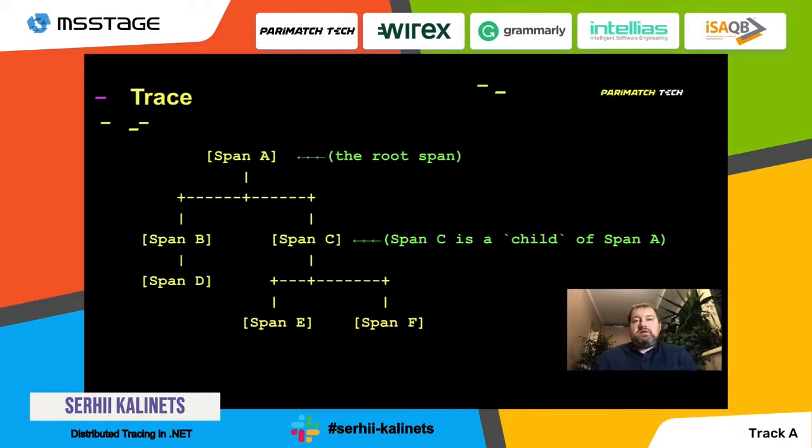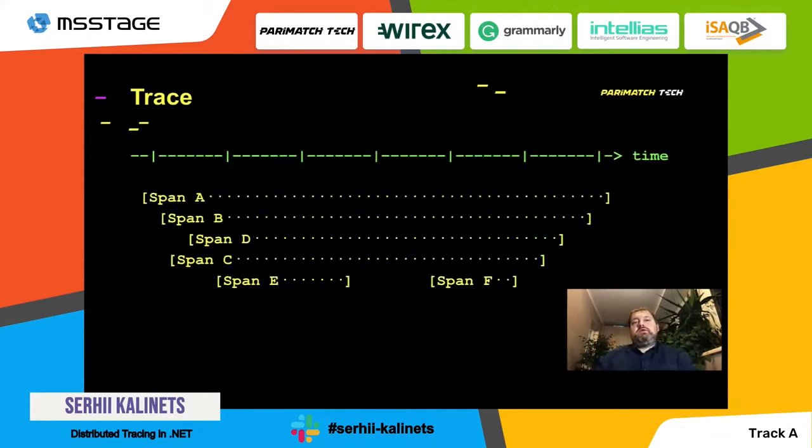A trace, on the other hand, is a combination of spans where one span is a root and other spans originated in the scope of this one span. On this picture you can see that we have span A as a root. It has two children, span B and span C. Each of them has small children and so on. So this whole set of spans represents one trace. The same trace could be reviewed from the viewpoint of time.